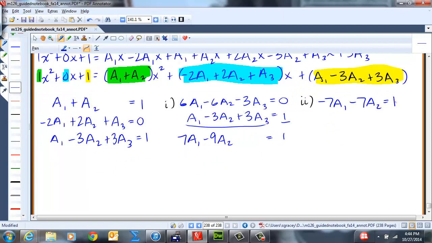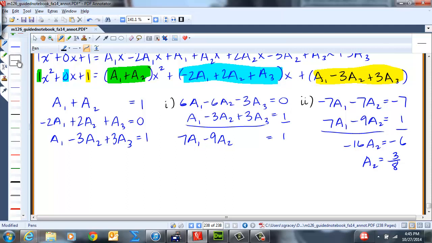And then I'll have 7A1 minus 9A2 is equal to 1. So the A1 zeros out. I'll have negative 16A2 is equal to negative 6. So A2 will equal positive 3/8.